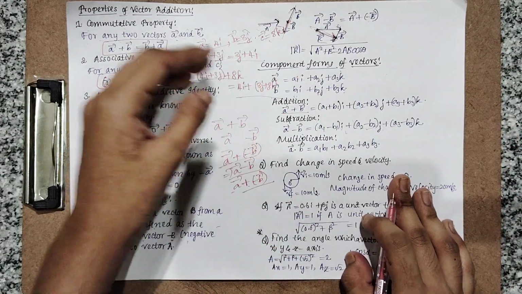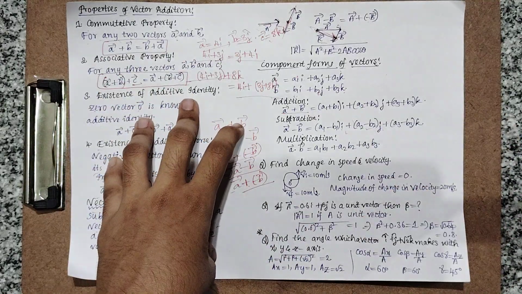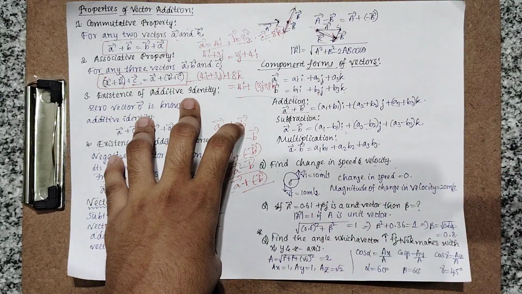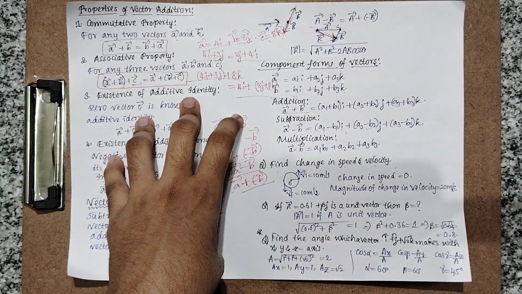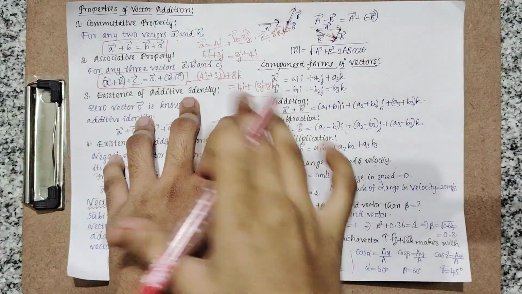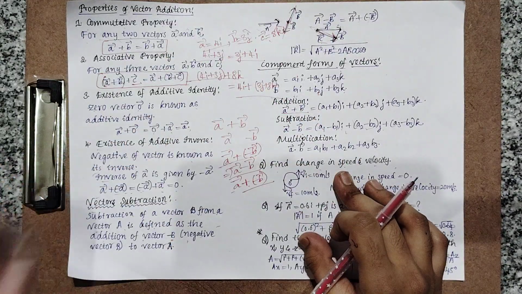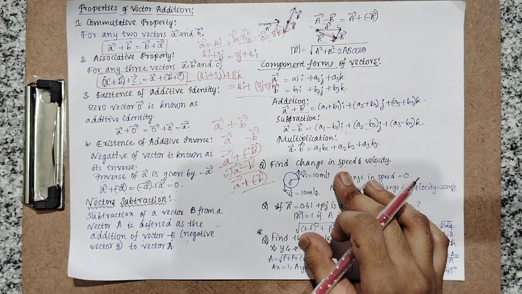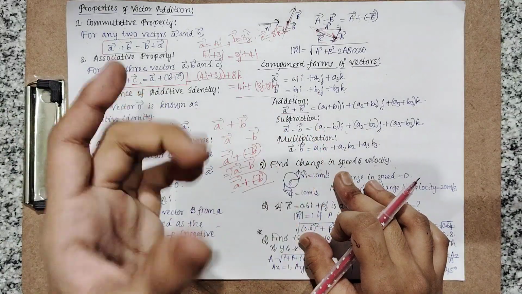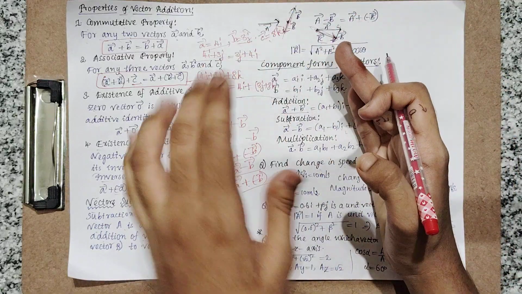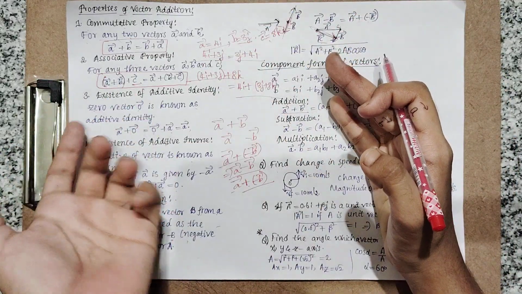And now, let us solve a few questions here. Find the change in speed and velocity. We know that at the starting of this topic we discussed that speed is a scalar quantity. It is independent of the direction. It depends only on the magnitude. What is change in a certain quantity? It means final minus initial.